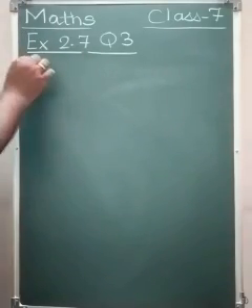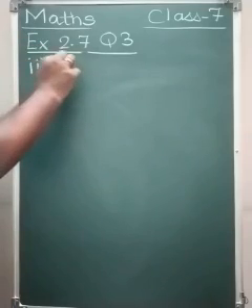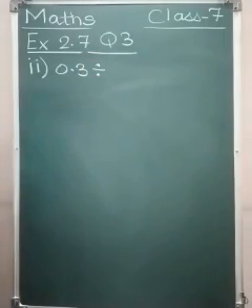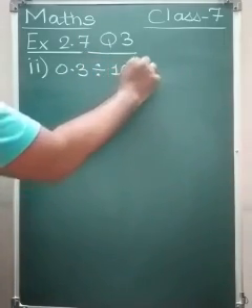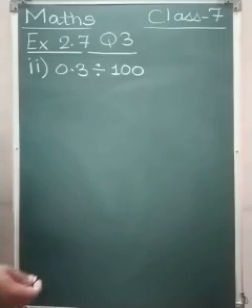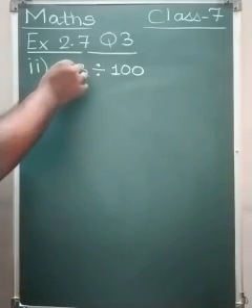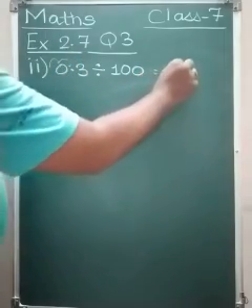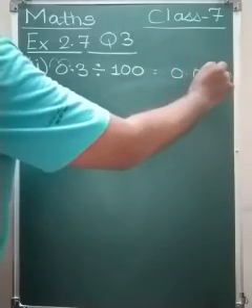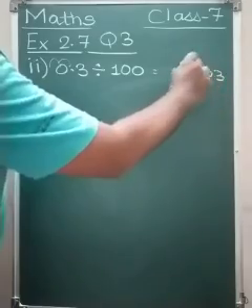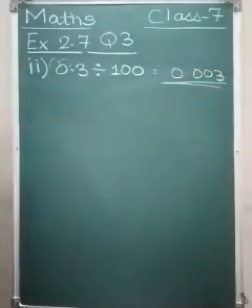Okay, second sum. 0.3 divided by 100. Now the decimal point should shift 2 places, 1, 2. So the answer should be 0.003.